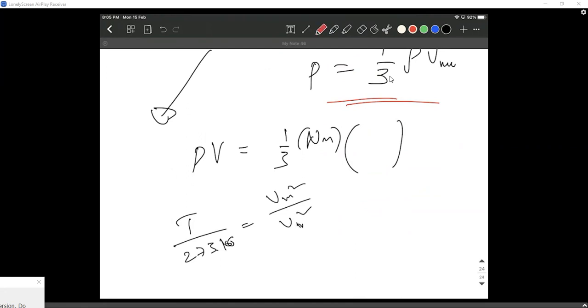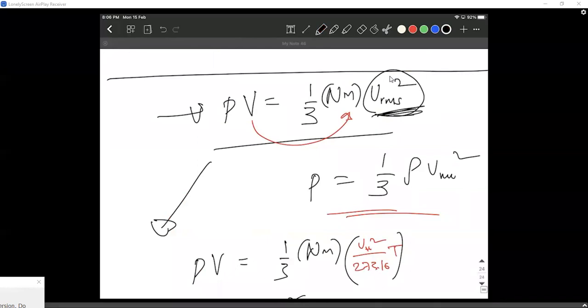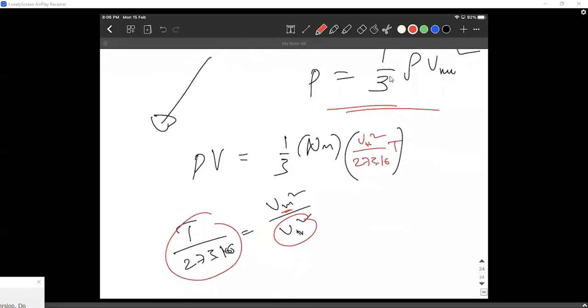So all these values are basically standard. I'm going to use VRMS square equals VTR square over 273.16 into T. I'm just replacing this value, bringing temperature into this equation, that's all.